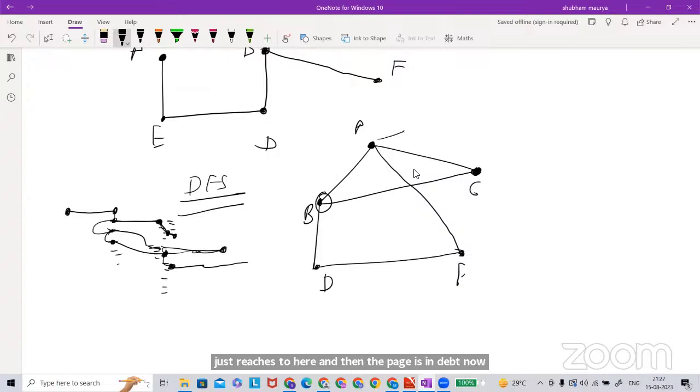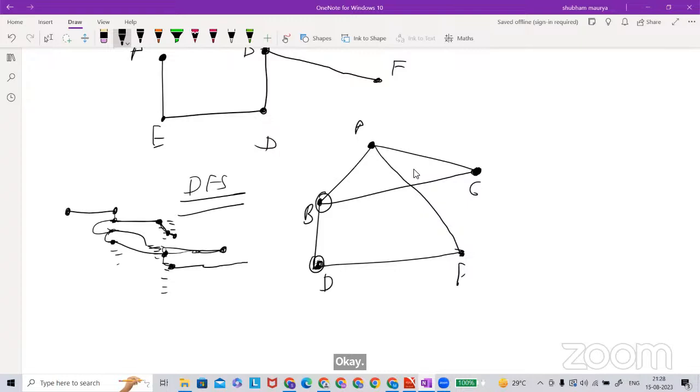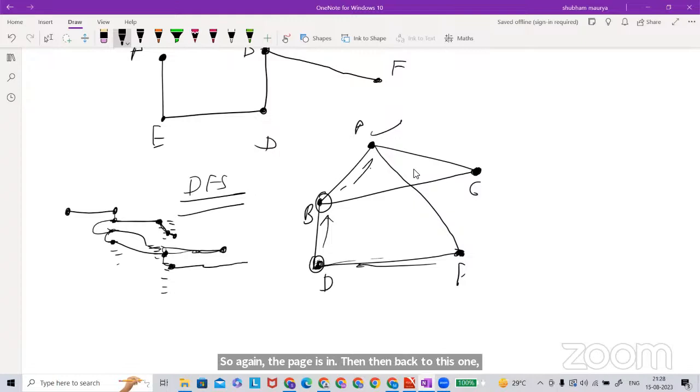Okay, so we can now go back to this one, and from here we have another link, so we will reach here. Okay, we'll reach here and start exploring this one, and again the page ends because this one is already visited. So again the page ends, then back to this one, then back to this one, and then the starting point, and stop the exploring.